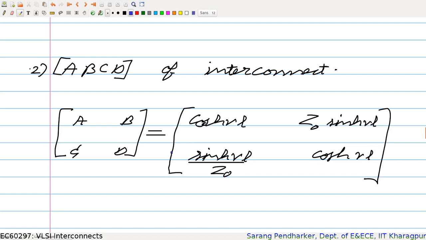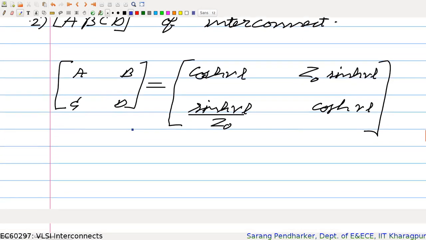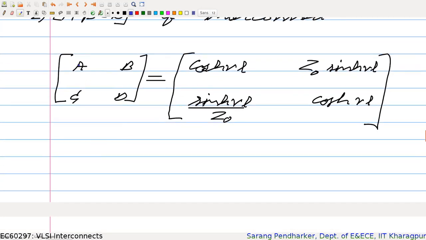If I have an interconnect of propagation constant gamma, characteristic impedance Z0 and length L, then my ABCD parameters are given by this. So from here you can compare the terms. A and D are anyway equal.